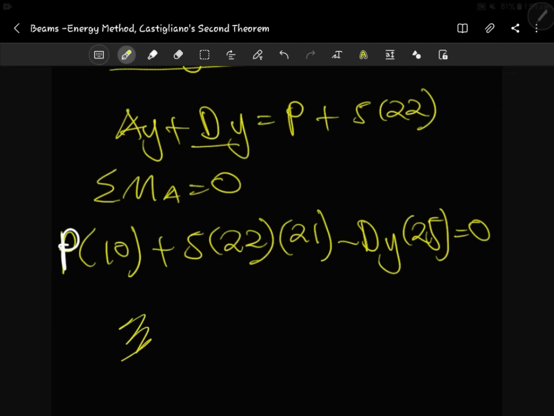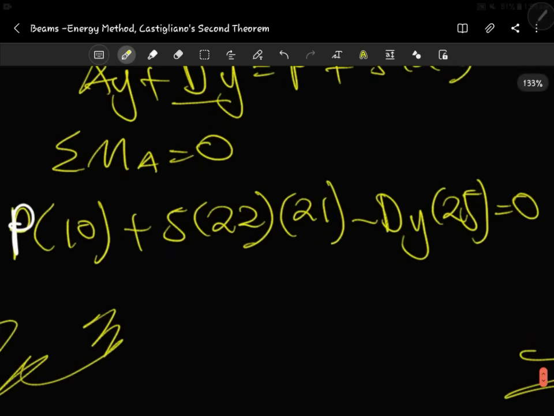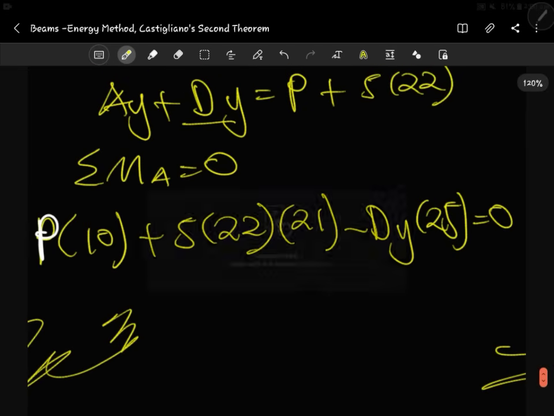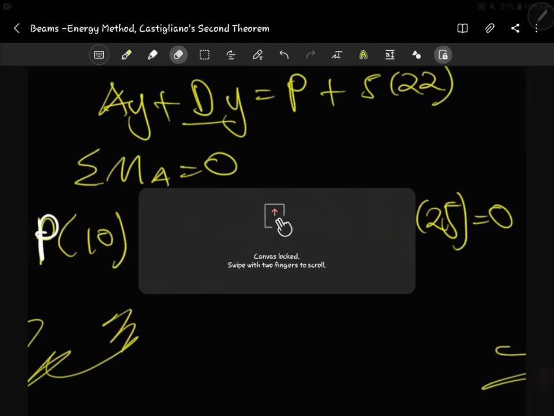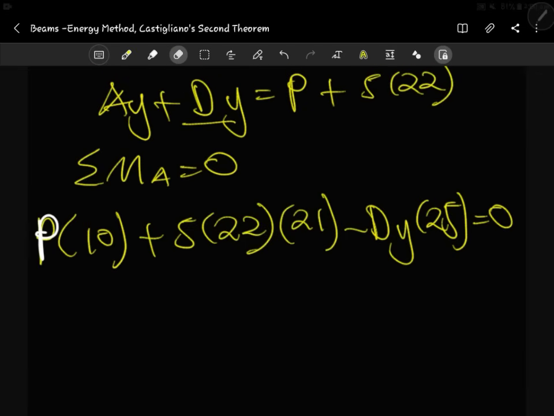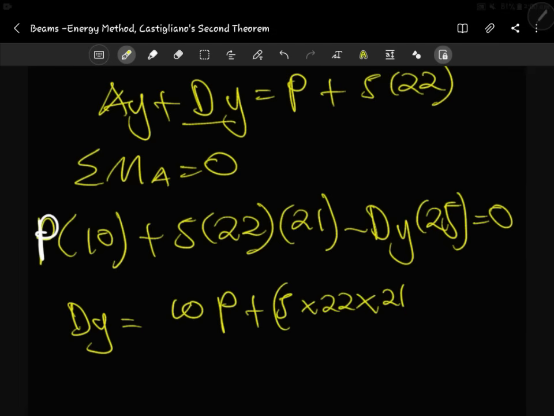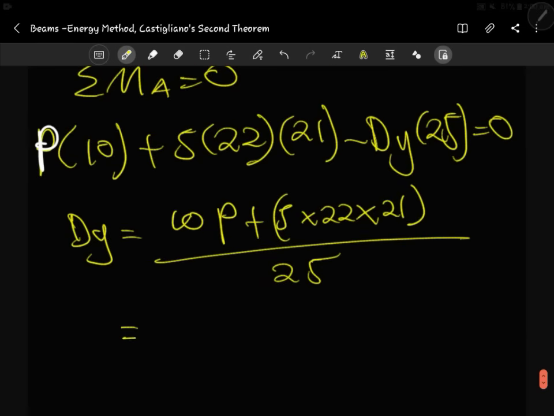By doing so, what do we have? We have Dy to be equal to 10P, right? Plus 5 times 22 times 21, right? All this divided by what? 25.